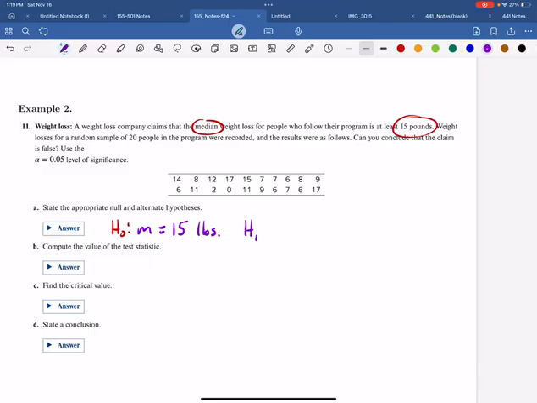The alternate hypothesis, I would say, since they want us to lose at least 15 pounds, should be that the median weight loss is less than 15 pounds. Okay, do you see why? Right, compute the value of the test statistic, critical value, state the conclusion, right?